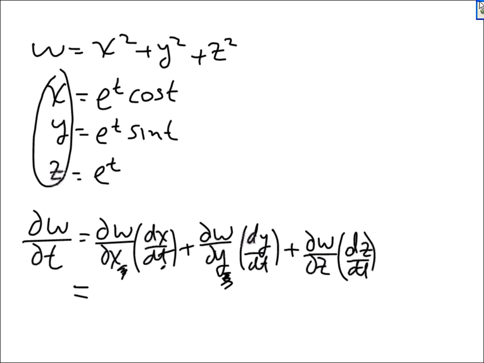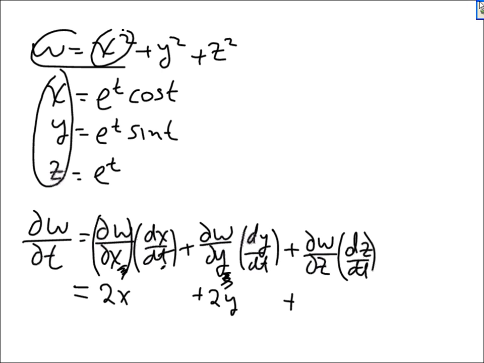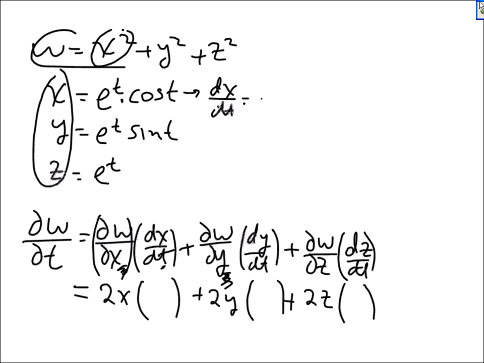Well, the partials are easy. The partial of w with respect to x is 2x. The partial of w with respect to y is 2y. For z, it's 2z. We need to find dx dt, dy dt, etc. Well, since x is a product, to calculate dx dt we use the product rule.